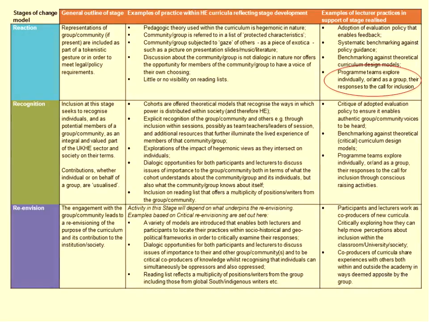Over time, we've enlarged that model, and as you can see, it's a very, very busy slide, and I don't expect you to read it at the moment. But what this has enabled us to do is to think about where we are at any given time with any particular group in terms of inclusion.